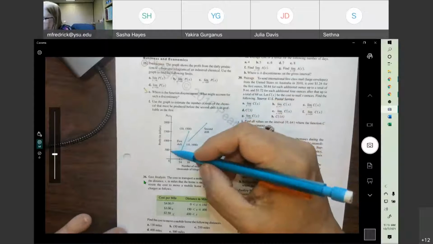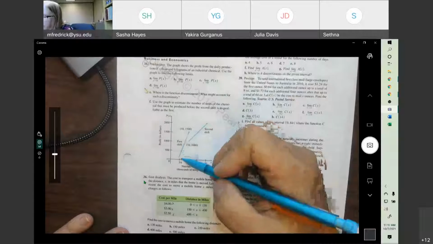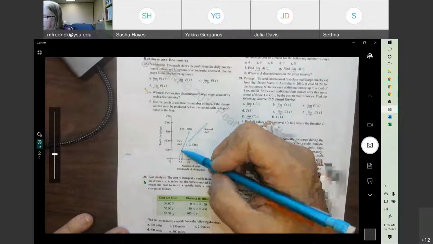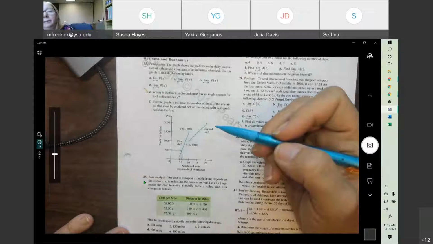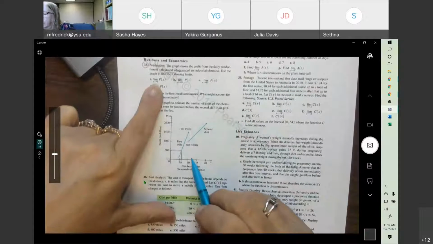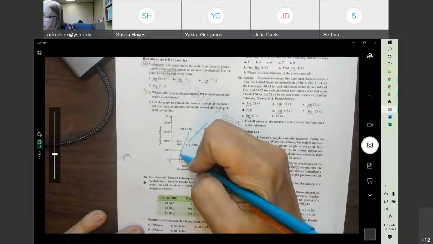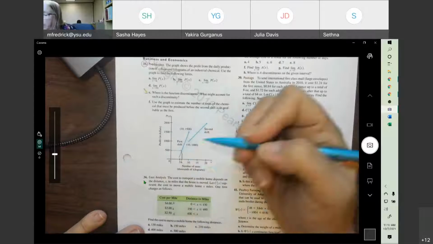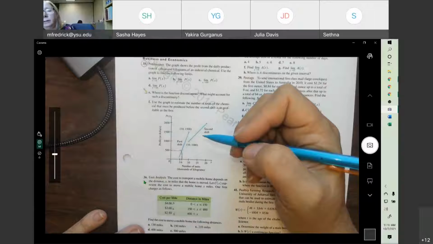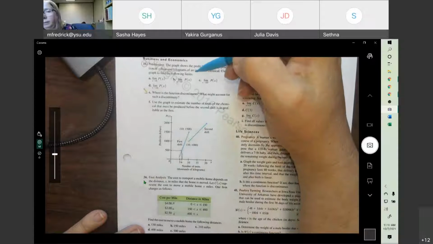Because this one is kind of strange when it's trying to get you to give the answer. But I would say 500. So the limit as X approaches 6, since both sides are coming in at the same spot and it's continuous there, I would say 500. Any questions on that part?